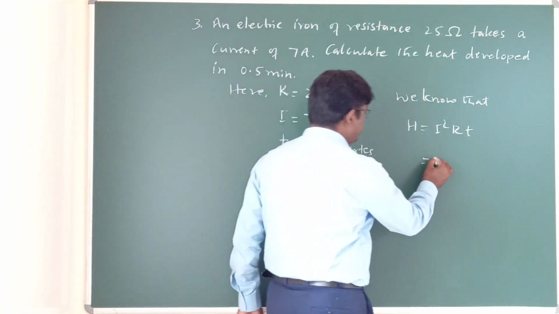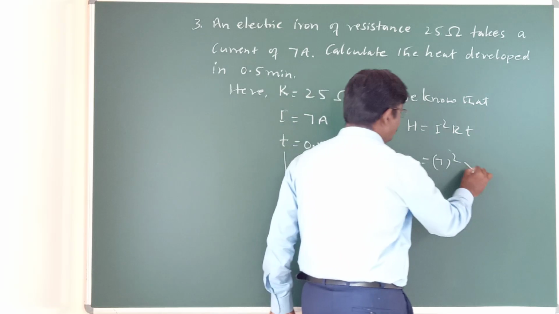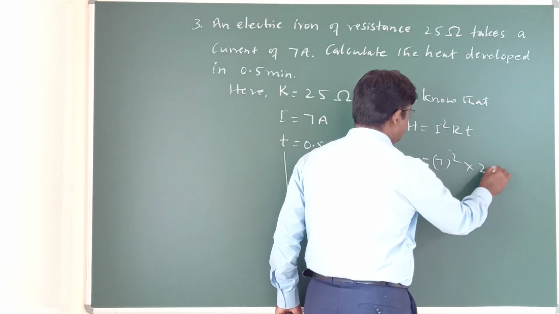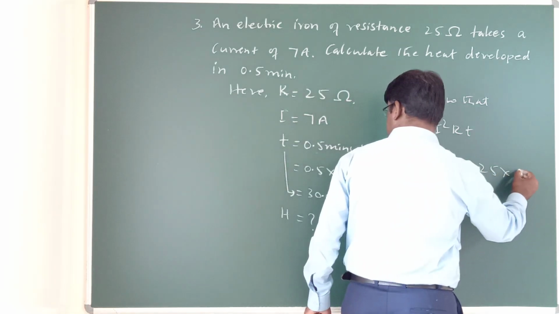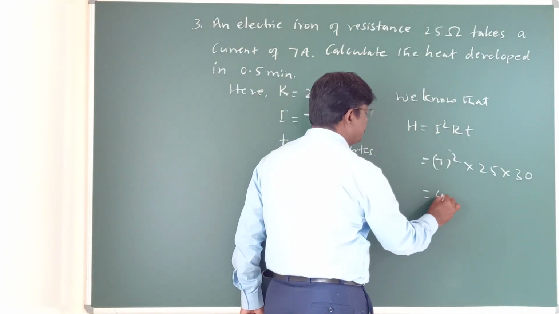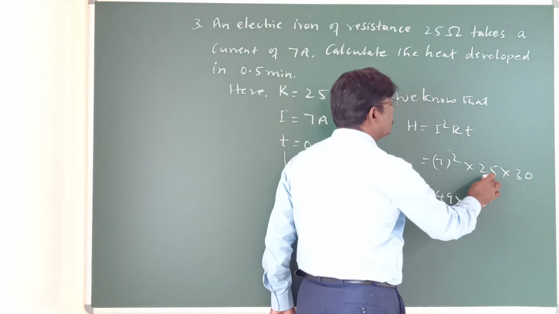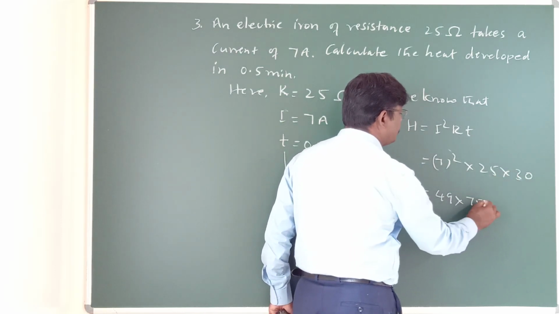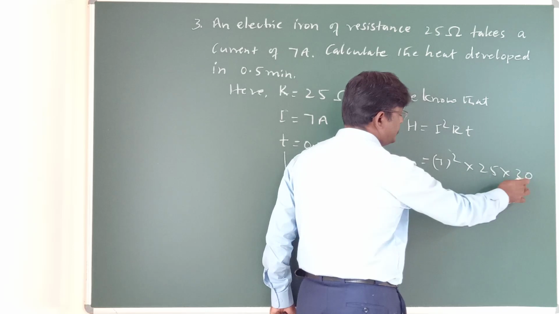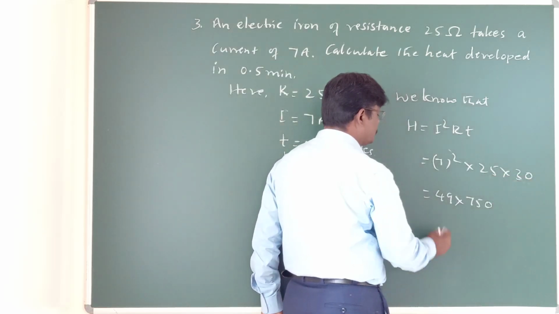I is 7 square into resistance 25 into time 30. Therefore 49 into 25 times 30, 25 into 3 means 75, and this one is 75 followed by 0, that is 750.